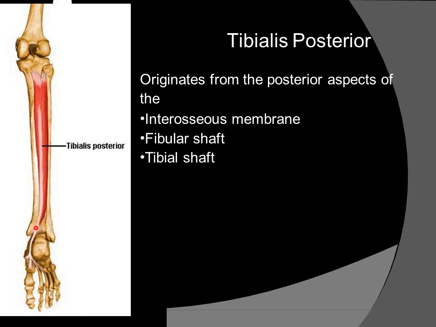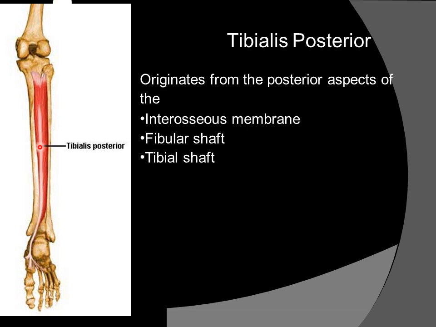So behind the medial malleolus you can see the tendon of the tibialis posterior. Okay, so it grooves the back of the medial malleolus and it passes deep to the flexor retinaculum and superficially to the deltoid ligament of the ankle joint.